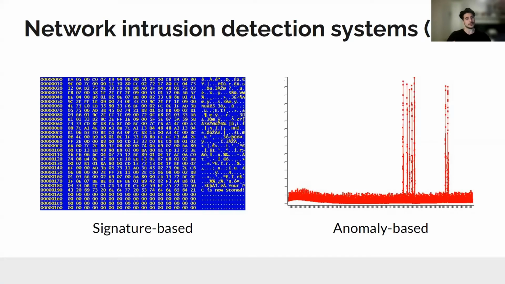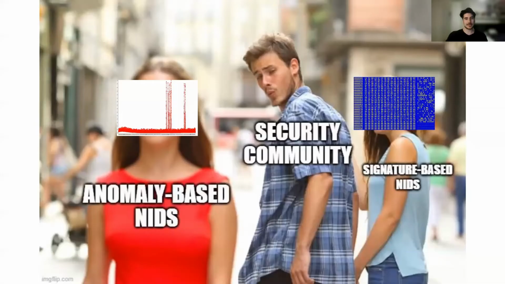So there is an issue here, which is that for the past number of years, there's been a big push from the security community to gradually phase out the signature-based systems in favor of the more anomaly-based systems. And the question that we asked ourselves here is, why?